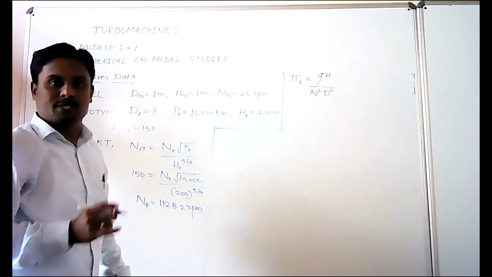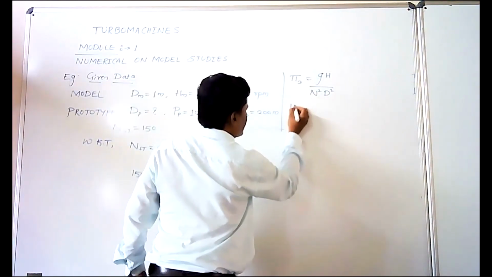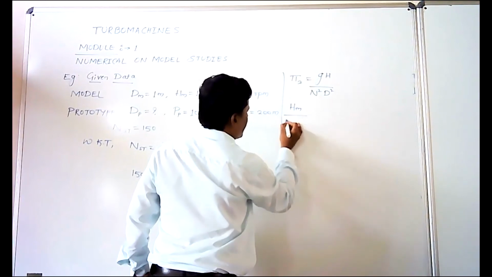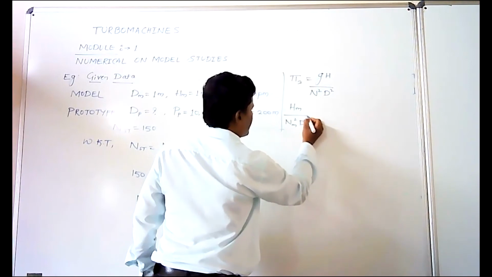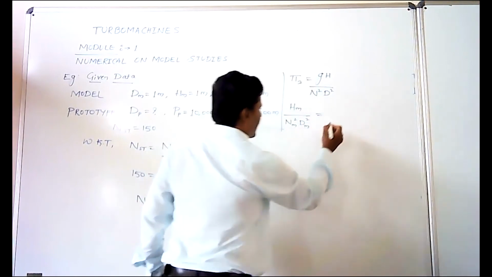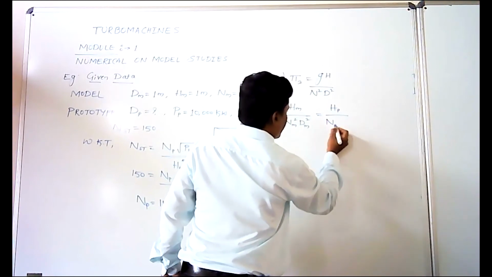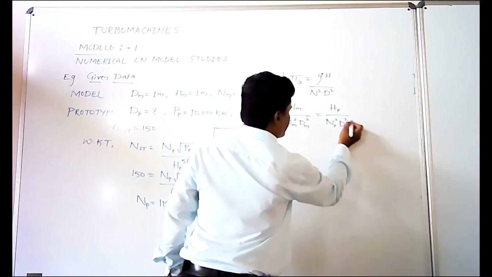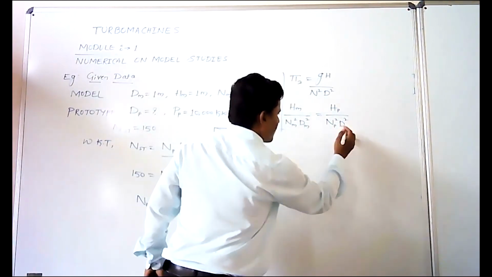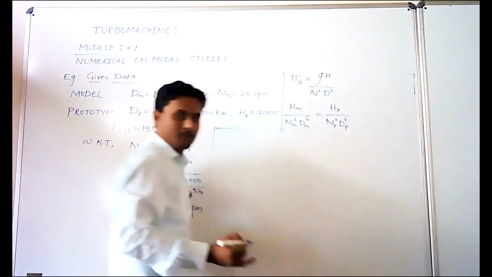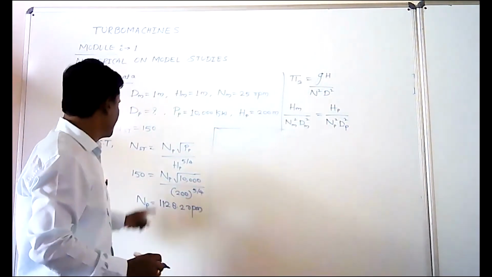For geometrically similar machines, g will get cancelled. Hm divided by Nm square Dm square equals Hp divided by Np square Dp square. Just do the cross multiplication to get the value of dp.